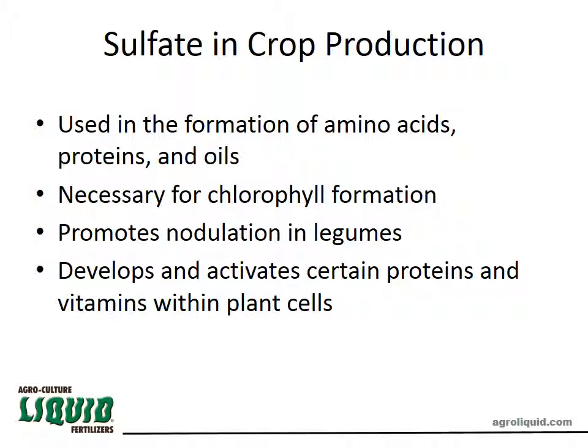It promotes nodulation in legumes, so it's going to help those rhizobia bacteria produce the nitrogen for your legume plants. And then it also develops and activates certain proteins and vitamins within the plant cells. So it's used as an activator or an enzyme or catalyst, so to speak, in a lot of your physiological processes within the plant.